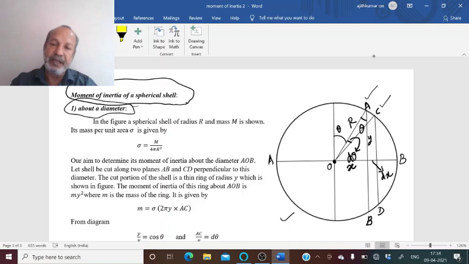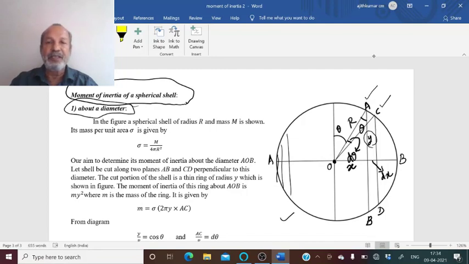It will be a ring having radius this y, and we will calculate moment of inertia of that ring about AOB, and then we will think that the entire shell is made up of so many such rings starting from A and finally ending at B. We will sum over moments of inertia of all such rings.